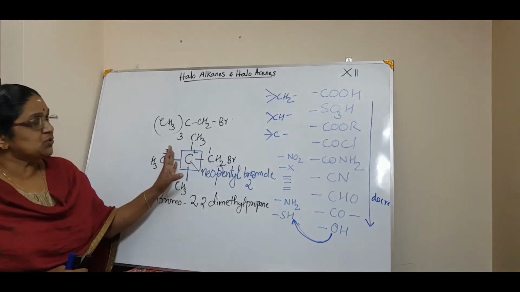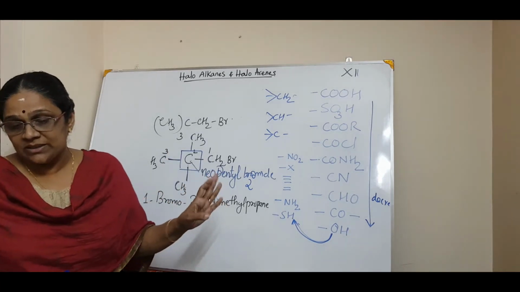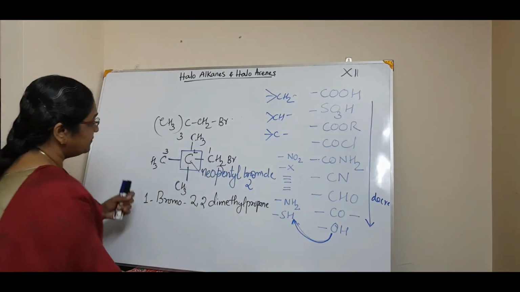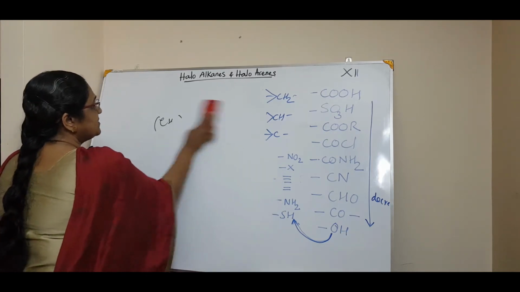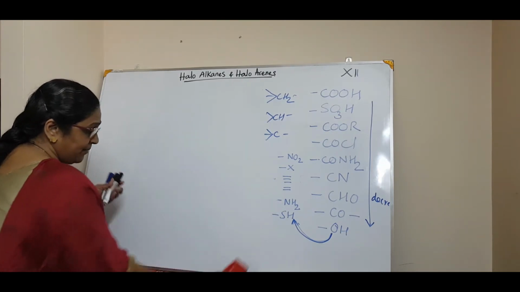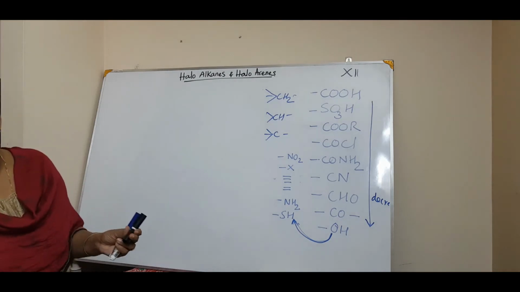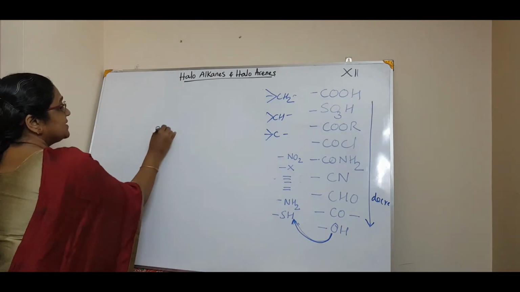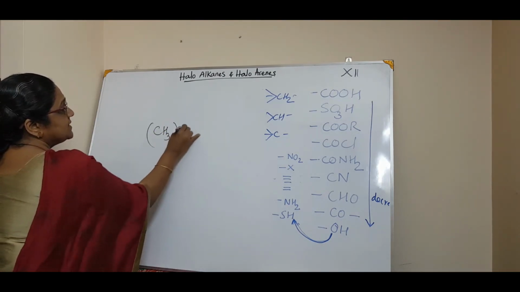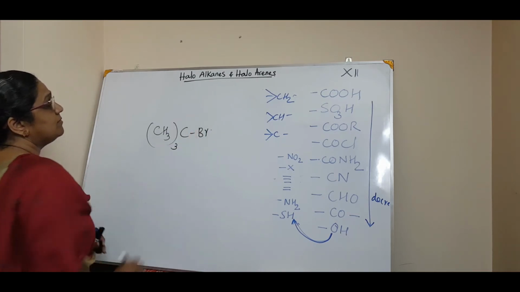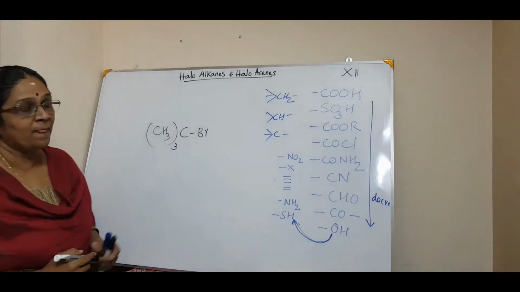Now these 2 are the confusing ones. Now the third is also again some confusion for some children. That's why I am taking this point. Next is (CH3)3CBr. This is also important.